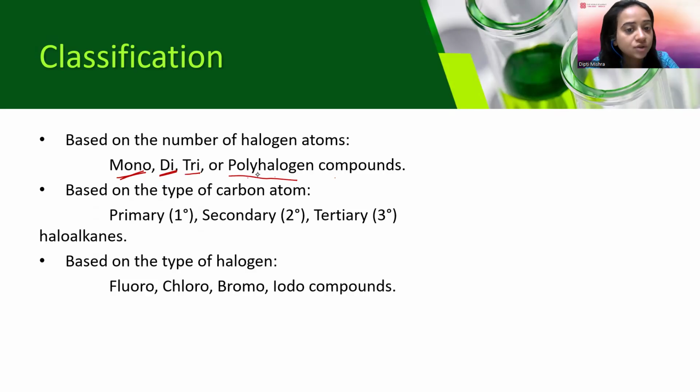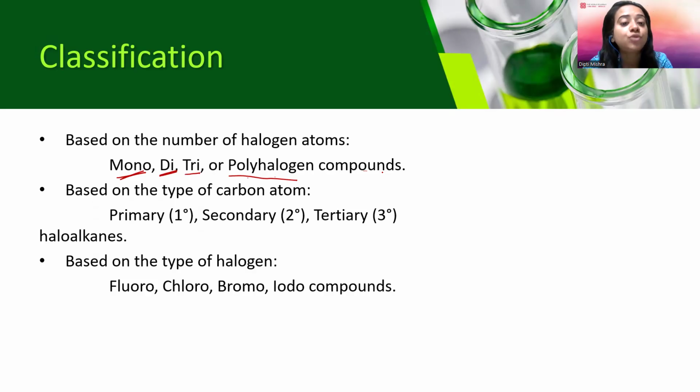Mono means one. If we replace two hydrogen atoms, then it is known as di. If we replace three hydrogen atoms, then it is known as tri, and so on. Polyhalogen compounds have many halogen atoms.